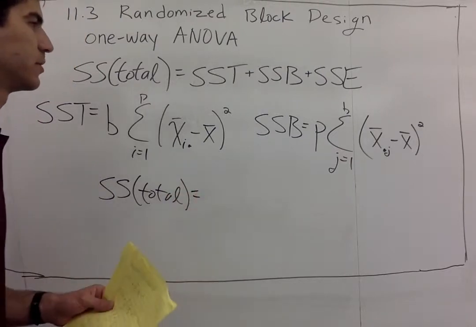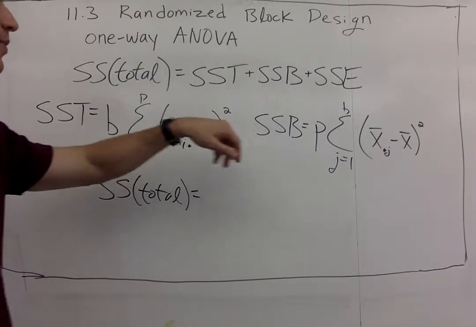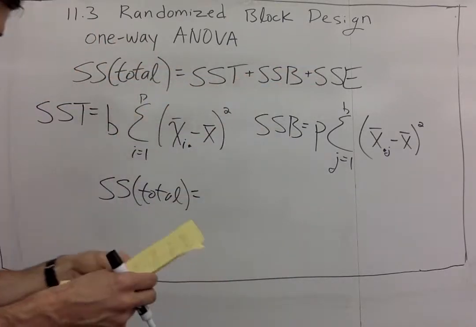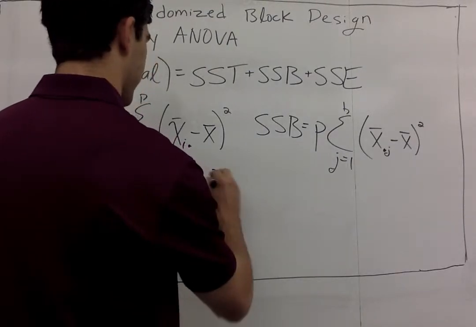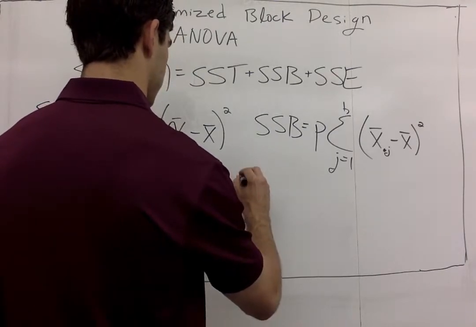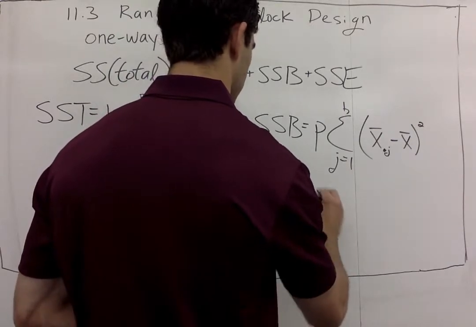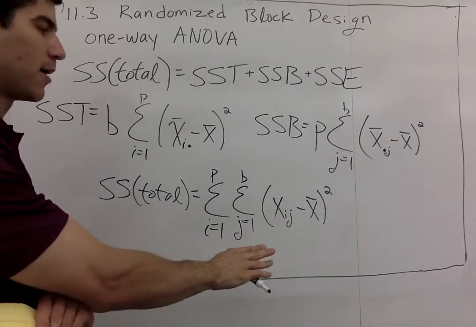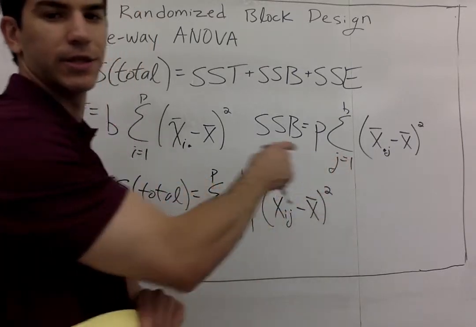And then it's actually much more efficient: we can find the total variation in the problem, and because we have this value and that value, we can subtract them and be left with SSE. The total variation in the problem is over every measurement, which simply means take every measurement in the problem, subtract from it the average of the whole problem, square it and add it up, and that's your sum of squares.